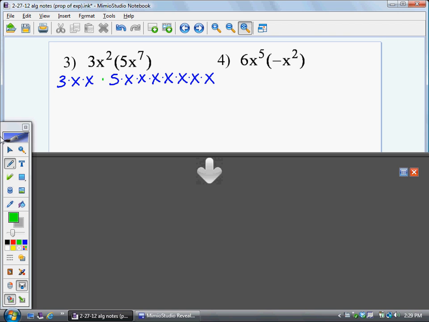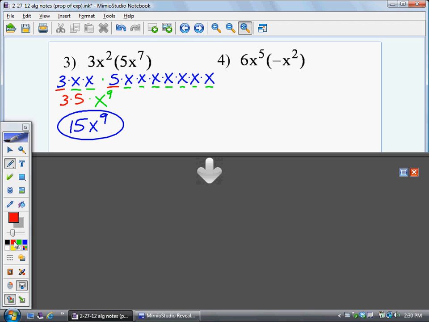So what we do is we just rewrite, and we'll take our bases that are different, the coefficients, put them in the front. 3 times 5, and then all of our x's. There's 1, 2, 3, 4, 5, 6, 7, 8, 9. So we have that. 3 times 5 is 15, x to the 9th.